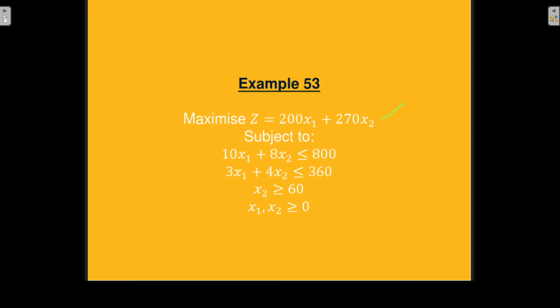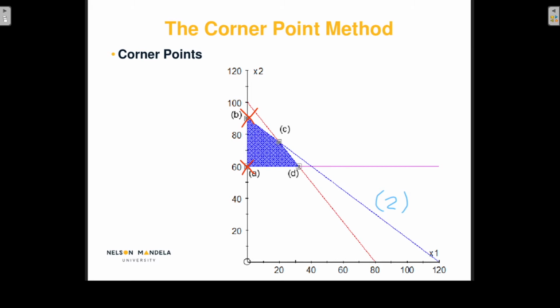This one is my first constraint, and that one is my third constraint. So if we number those constraints on the graph, the blue line is my second constraint, the red line here is my first constraint, and the purple one here is my third constraint.